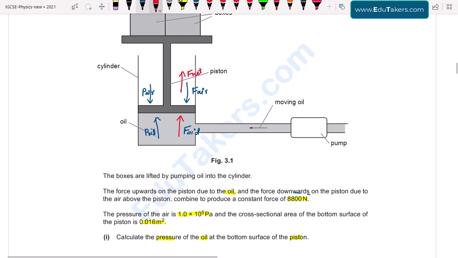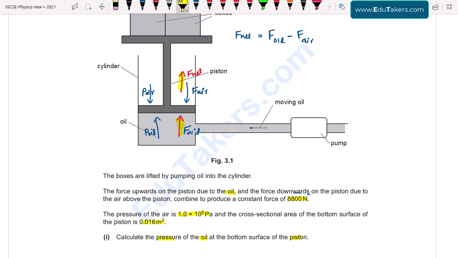So net force will be equal to the force due to the oil and the force due to the air, the difference of both of these forces. So I write here F of oil minus F of air, because here you can see that the direction of force which is due to the oil is same as that of the net force.